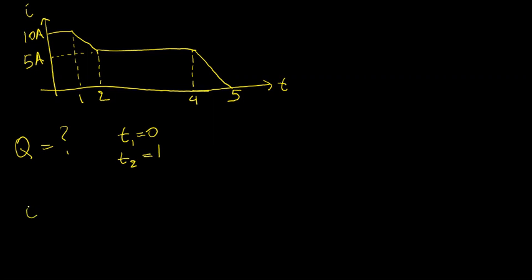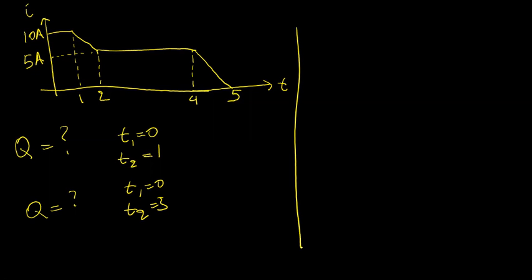The second question is again the same thing. Q is how much when T1 is 0 and T2 is 3 seconds. So to start, for the first case, between 0 and 1, what we have is this 10, and that's it.